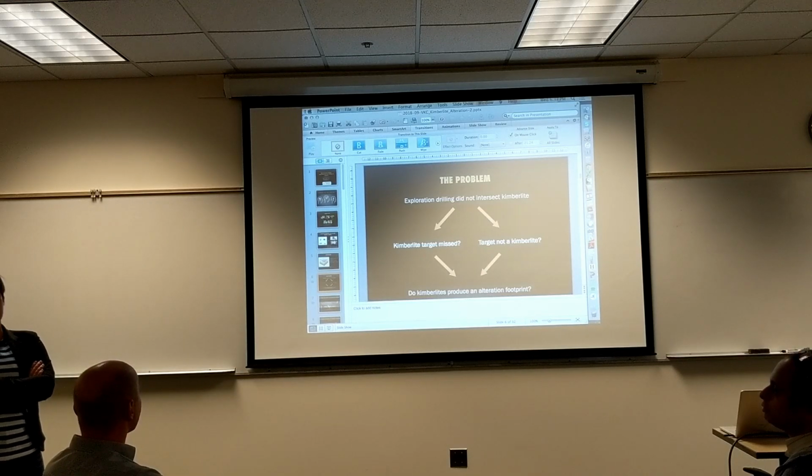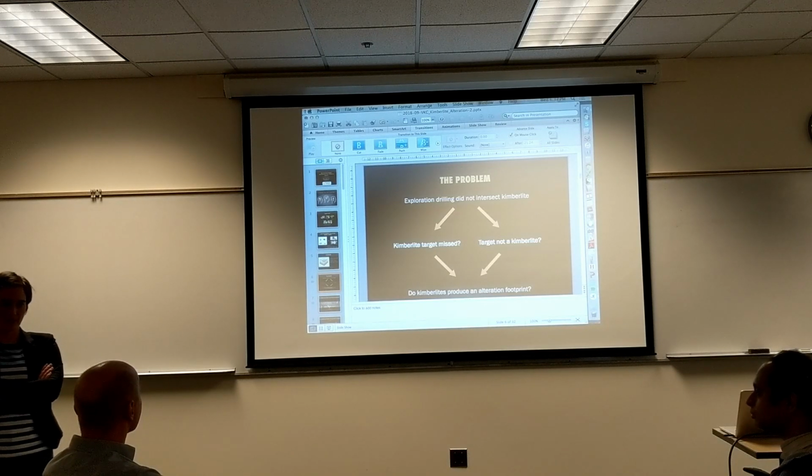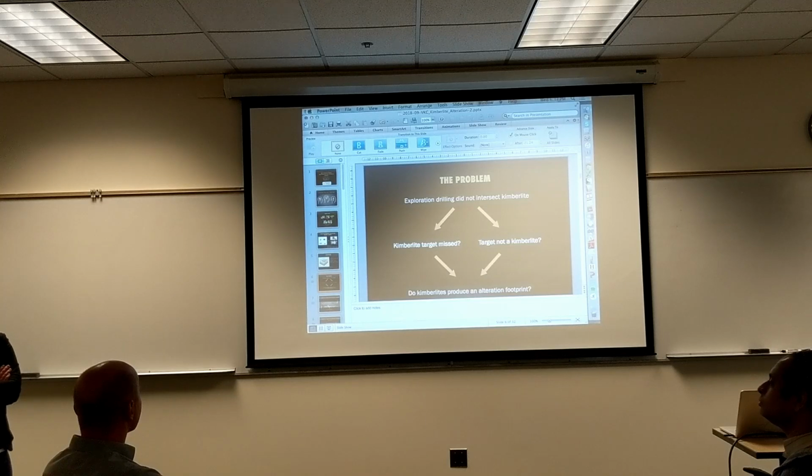I don't know the answer to that question because I haven't looked at this cryptic alteration around hydrothermal deposits. However, I suspect that it must be similar. I mean, it's just water going through rock, so I don't see why kimberlites would be any different.